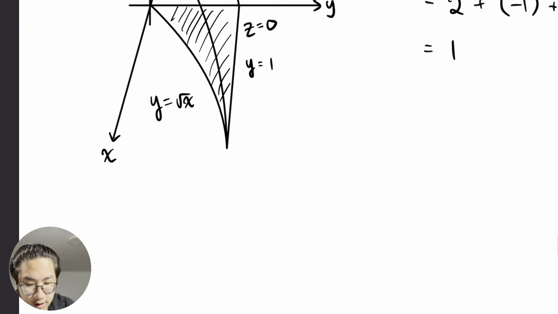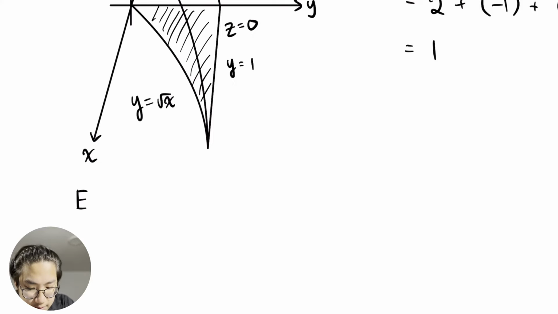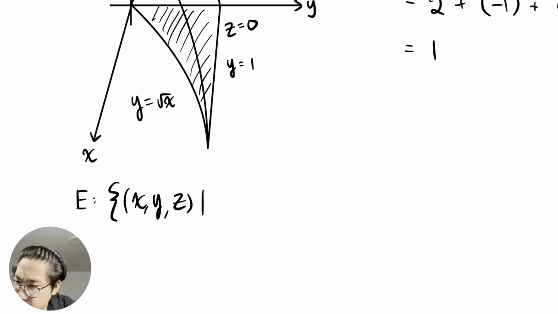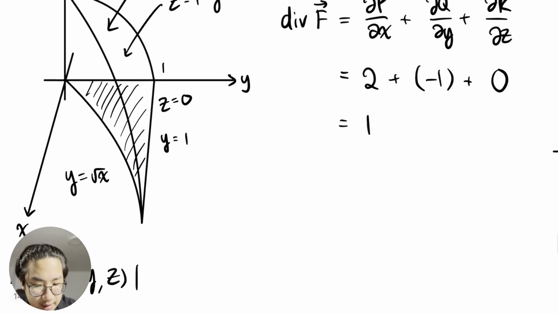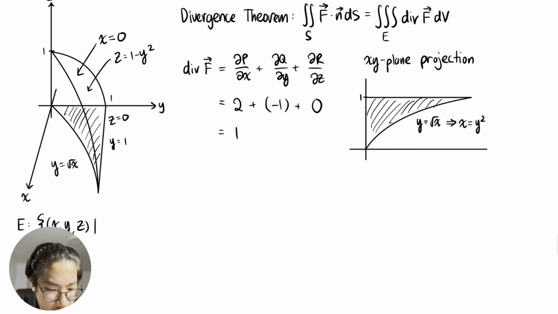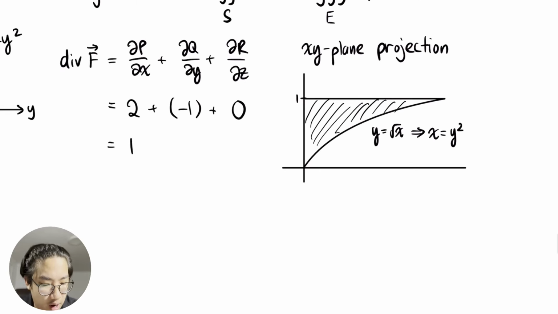Okay, so next we'll describe the solid E, using set notation. So we have our points x, y, z, such that... In this case, first we'll look at our xy projection. We decided to go with y between constants; it really doesn't matter which order you do it in.